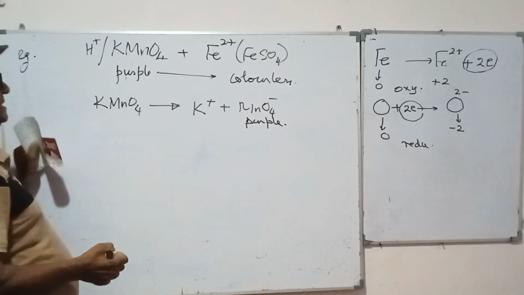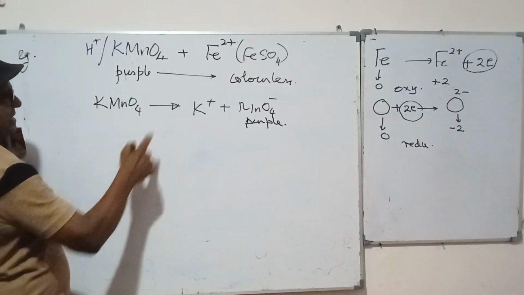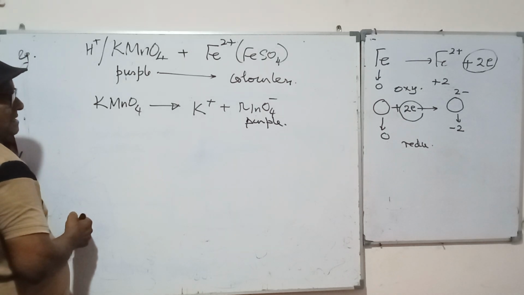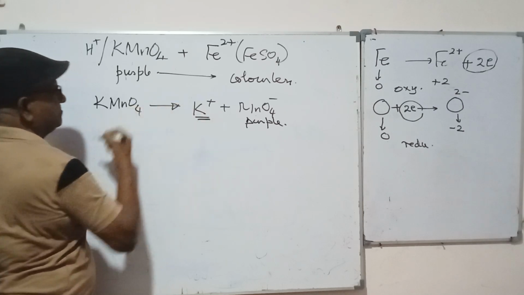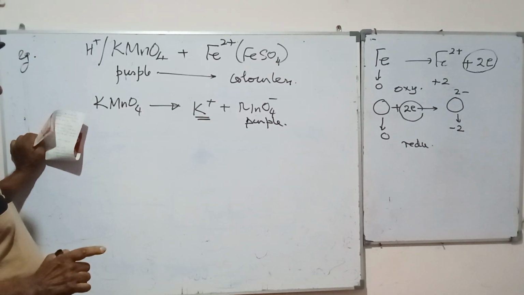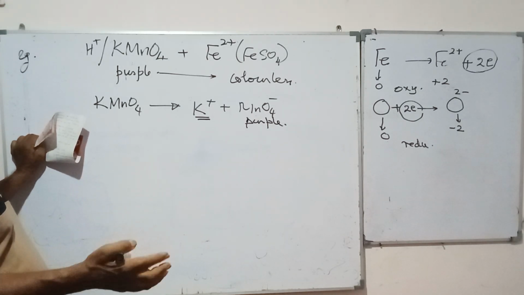Right? Then FeSO4 gives Fe2 plus. It reacts with Fe2 plus. Then, during this reaction, potassium exists as inactive. Right? Initially K plus, finally also K plus.